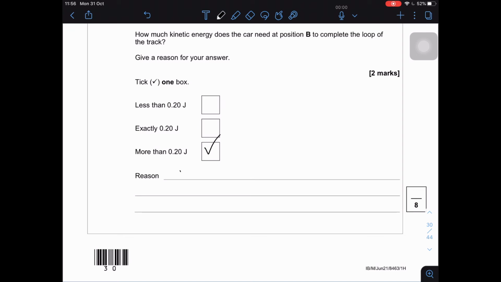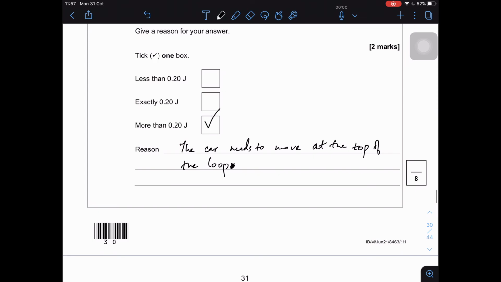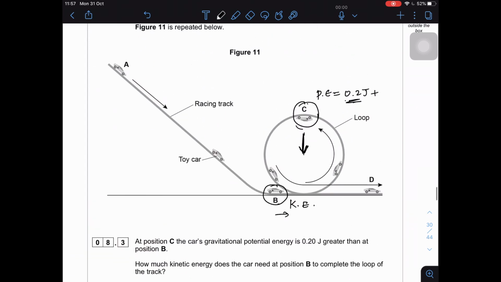The reason is the car needs to move at the top of the loop. For the car to move through this loop, you need to have more than this potential energy.